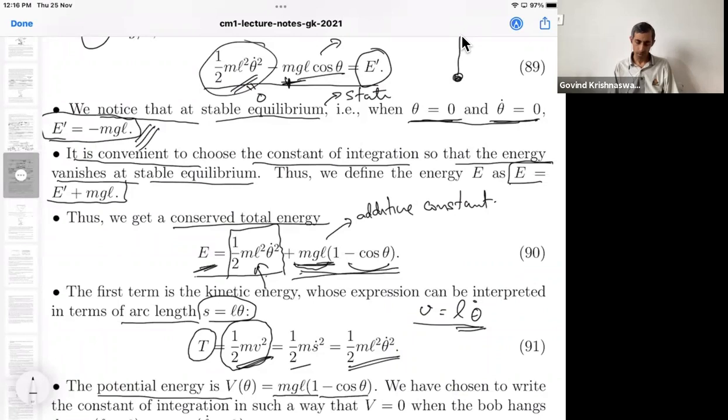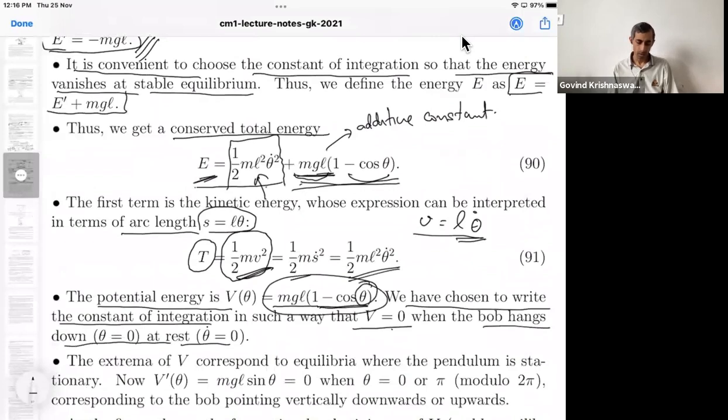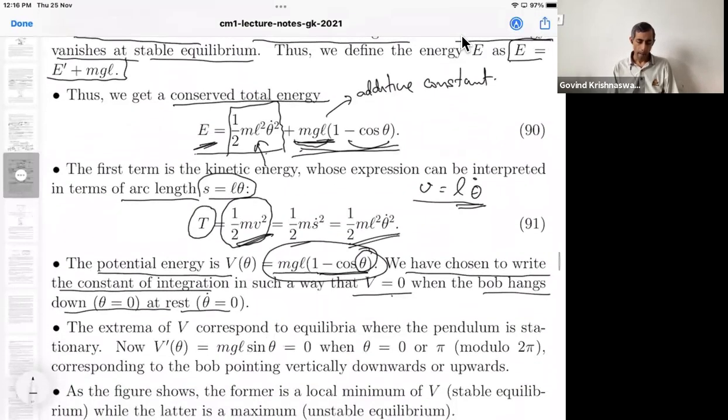It's one more part of the energy. We have chosen to write the constant of integration in such a way that V vanishes. I'm defining this quantity as V, so that it vanishes when the bob hangs downward at rest. At that point, theta is 0, and therefore this vanishes. That is how potential energy has been defined.